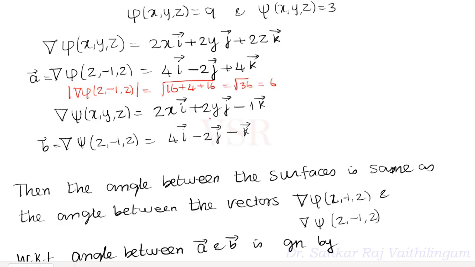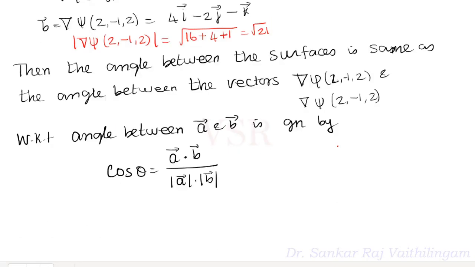Similarly, calculating del psi at the point (2, -1, 2), this is equal to root of 16 plus 4 plus 1, so this is equal to root 21. This cannot be simplified further, since 21 is 3 into 7, and both are prime numbers, so let it be.